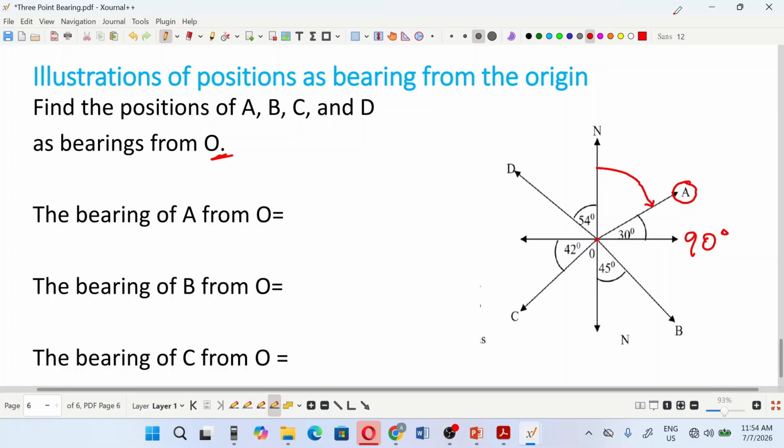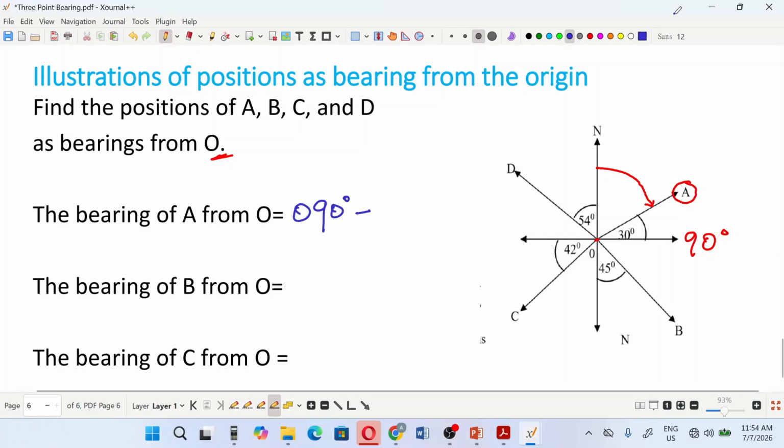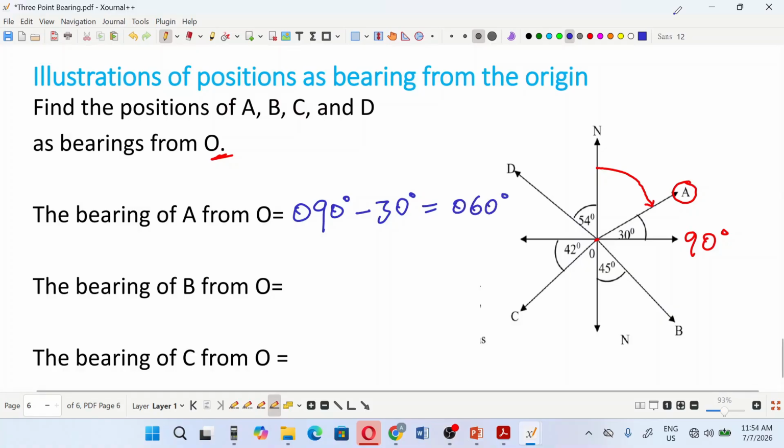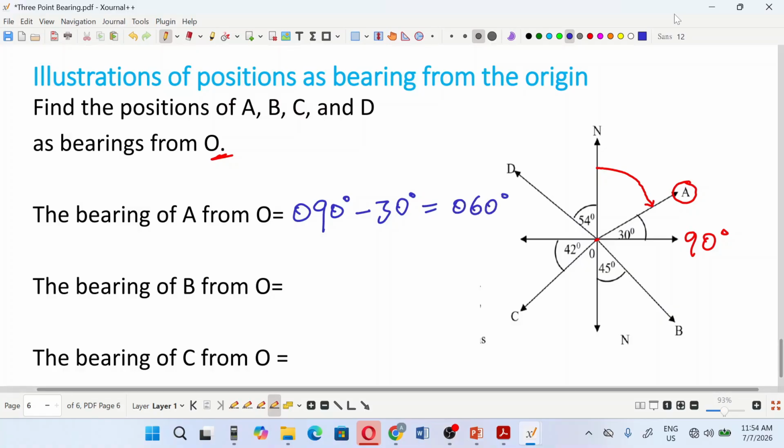But part of it has already been taken as 30 degrees, right? So if I want this particular space, which is left, that I've used the red one to mark, then it's going to be the 90 degrees minus the 30 degrees that is already here, right? And that's going to be 060. That's 60 degrees, right?